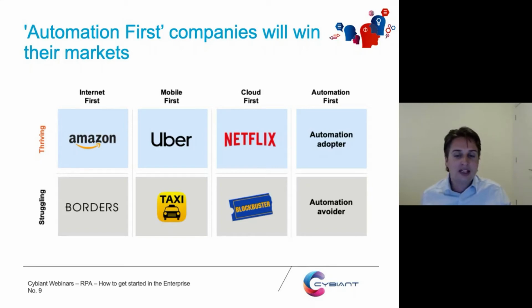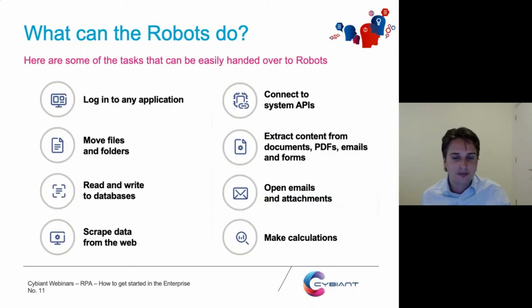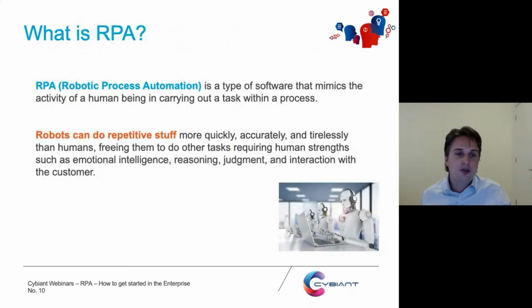So how can you exactly get started? And how can you do that? Let's first review in essence and in definition what RPA exactly is. As you're probably familiar, RPA stands for Robotic Process Automation. But what you might not be so familiar with is that when we're talking about RPA, we're actually talking about software.